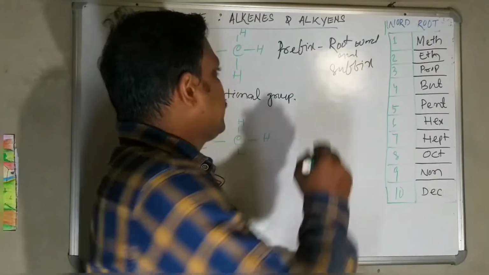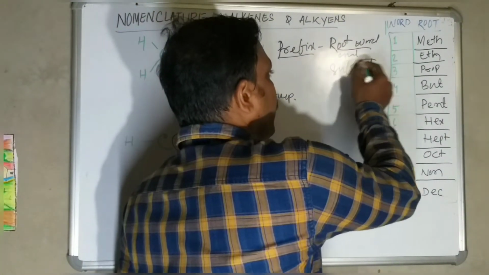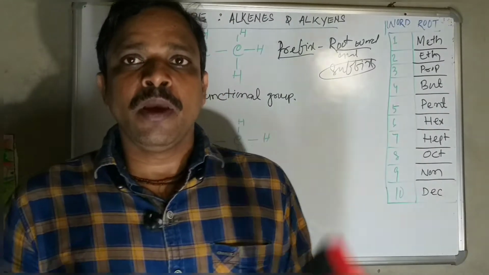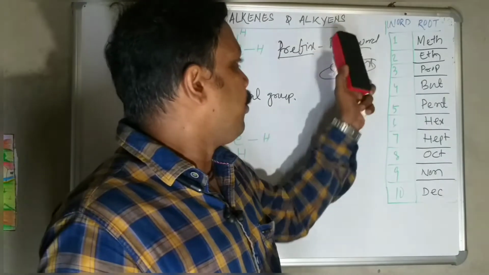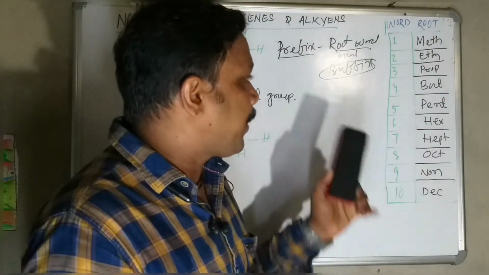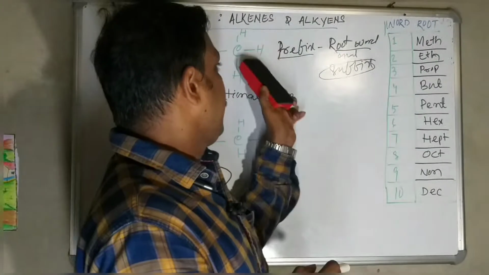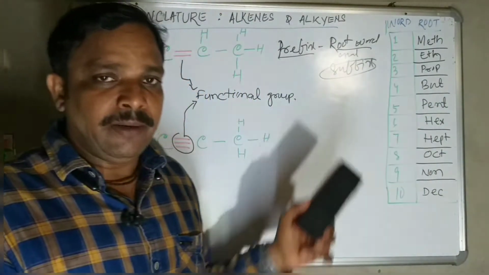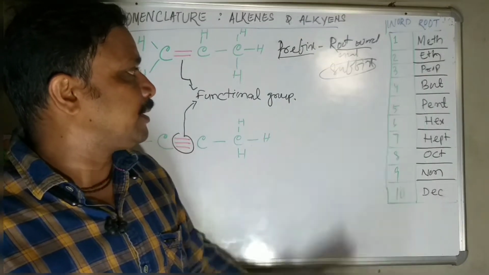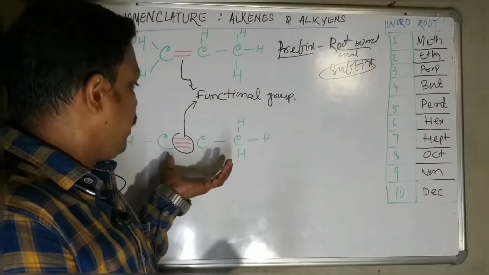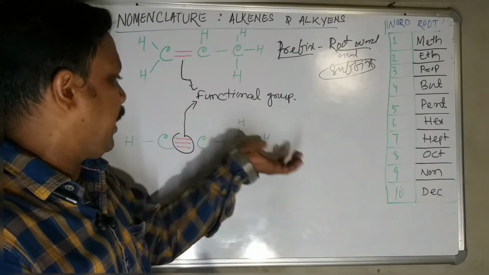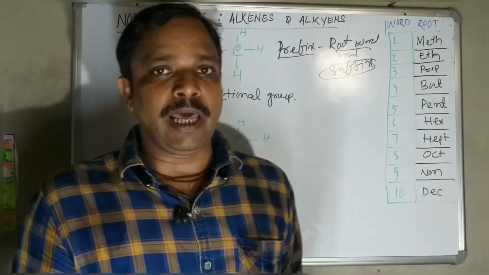Same prefix, root word and suffix. Prefix, the lowest number to the substituent. Root word, the number of carbon atoms present in the carbon chain, and suffix, which functional group is present in the carbon chain.